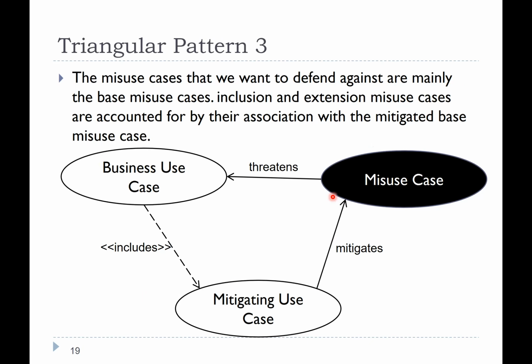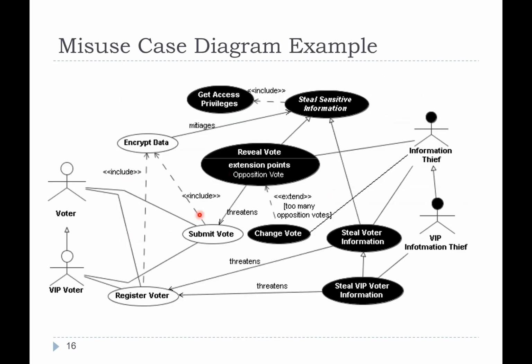The misuse cases that we want to defend against are mainly the base. Yeah, there we go. Okay. Now, it gets a little bit tricky because this triangular form obviously doesn't just come in that form by itself. The use cases have other relationships, even misuse cases have other relationships with other use cases. So you can see something like a stitch over here.